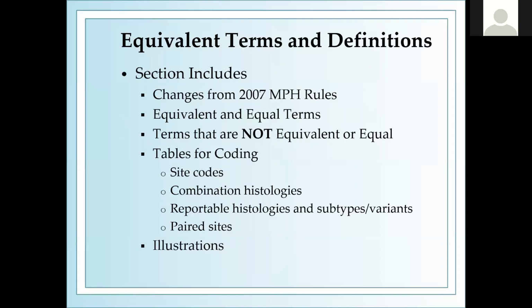There are actually a couple of site group modules that have tables that list histologies that are not reportable according to COC. And there may even be a table pertaining to paired site. And finally, this section ends with the illustrations, and there are usually several. These are great to use for referencing the anatomy and other important information pertaining to that site or sites within that site module.